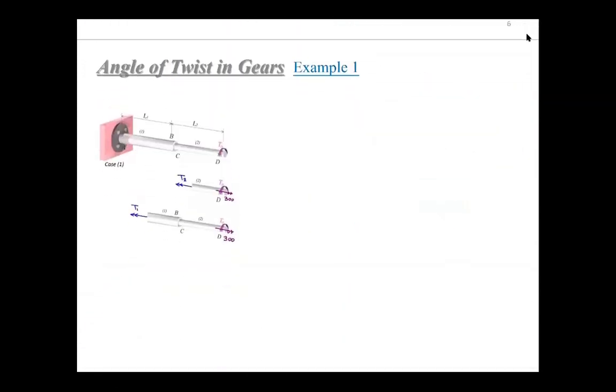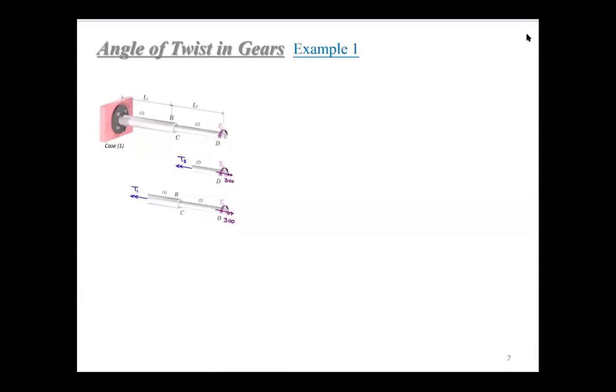In case 1, no gears. As we mentioned, this is an old problem, so we just solve it simply. This is our case 1. We will start from the free body diagram to determine internal torques, right?